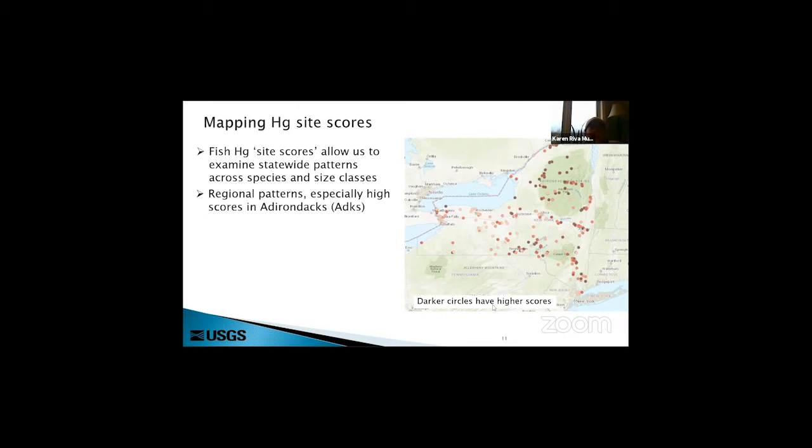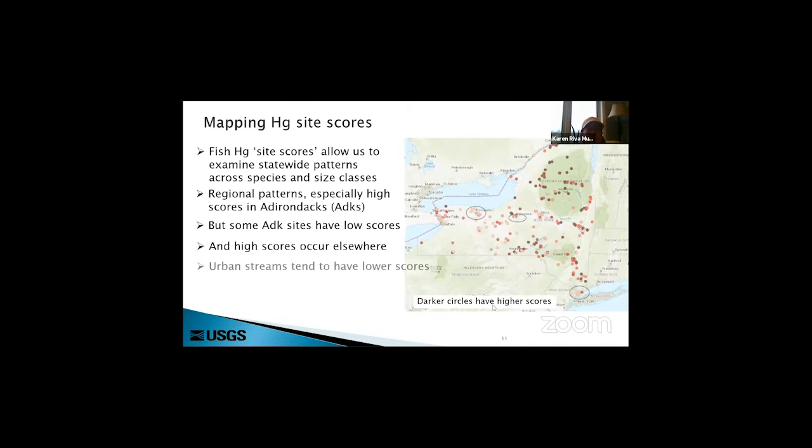We notice a few things. We see some regional patterns. Again, the scores tend to be very high in the Adirondacks, but at the same time, we see some Adirondack sites with low scores. And also we see some high scores elsewhere. And finally, urban streams tended to have lower scores. And I've got a few of the urban areas circled here.